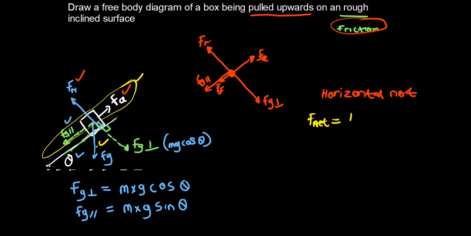We have the applied force, which is our Fa. But because the frictional force is going in the other direction, we say plus our frictional force, minus our Fg parallel, because it is at that plane.